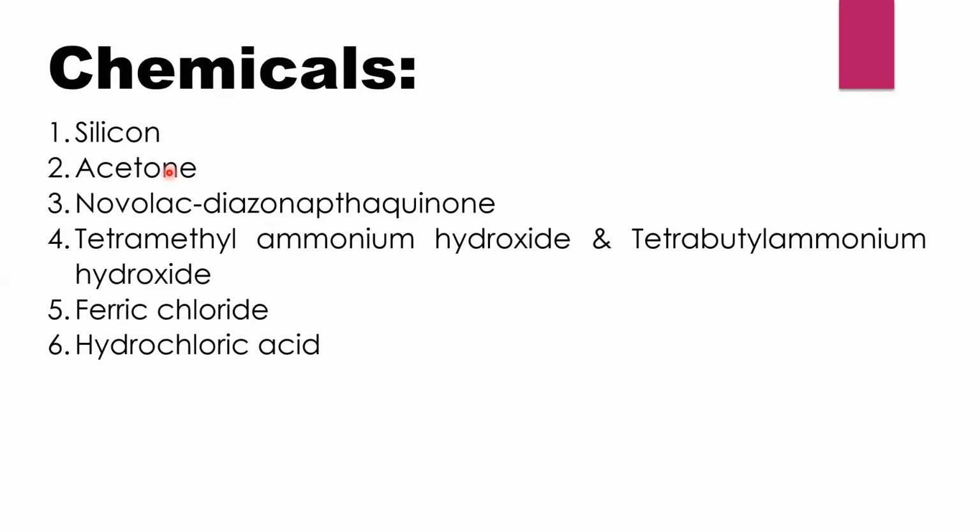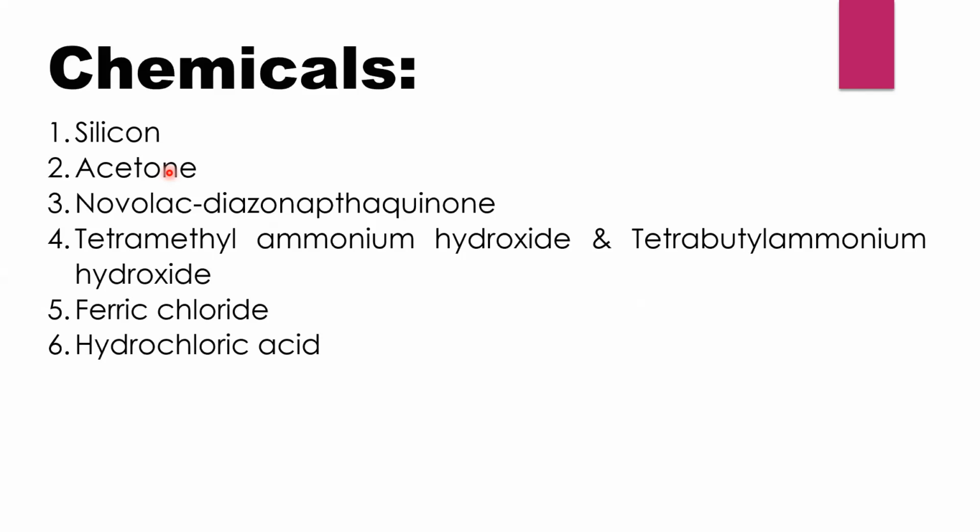So before processing or during the experimental procedure, the first and foremost thing we need to do on the silicon is wipe out, remove all the impurities which have accumulated on the surface of the silicon substrate. For this we have to use the purifying agent, which is acetone.